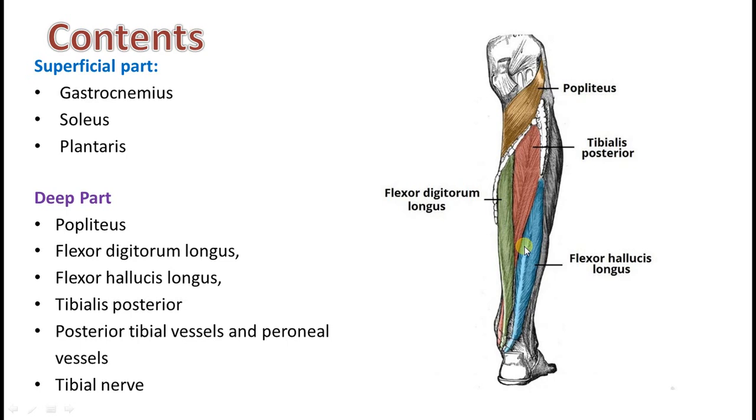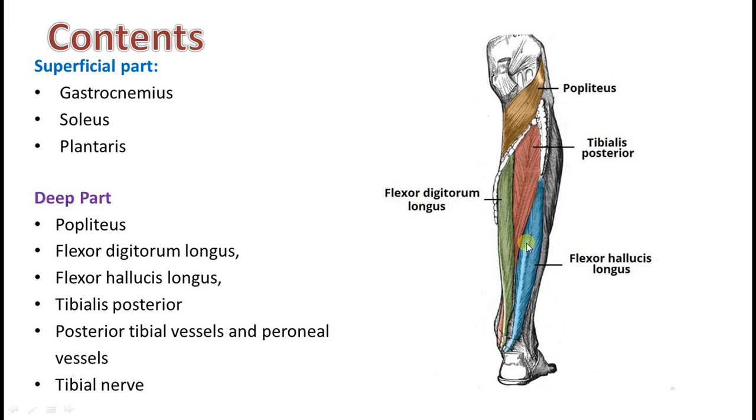Now, as I told you, in some books some authors claim that the muscles are present in three strata. The superficial stratum, which we have seen in the previous slide, is the gastrocnemius, soleus along with the plantaris. The intermediate stratum comprises the flexor digitorum longus and flexor hallucis longus. Okay.